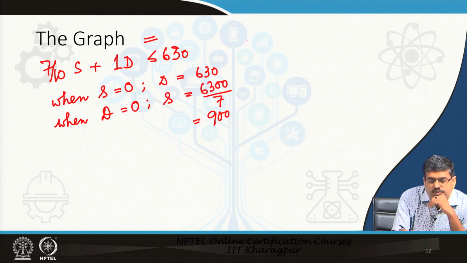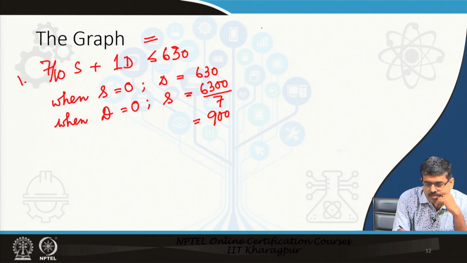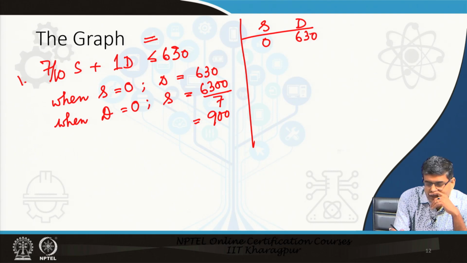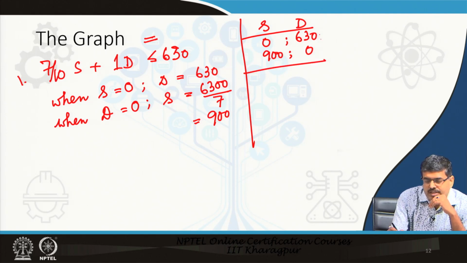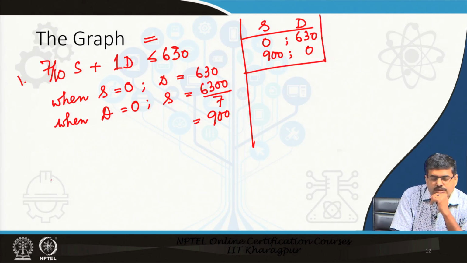So, for constraint number 1, what did we get? S and D points: S is 0, D is 630; D is 0, S is 900, right. These are the 2 points that we get.